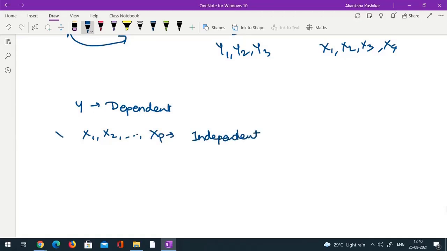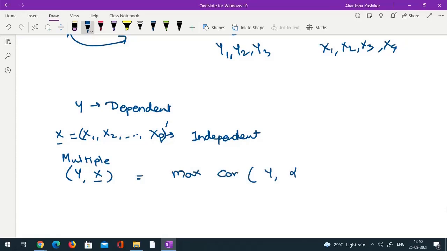If you denote this by a vector x, then the multiple correlation between y and x can be defined. So the multiple correlation between y and x would be defined as the maximum possible value of the correlation between y and the sum over alpha i xi, i going from 1 to p, where the maximum is taken over all possible values of alpha i. Is there any condition on the alpha i's?